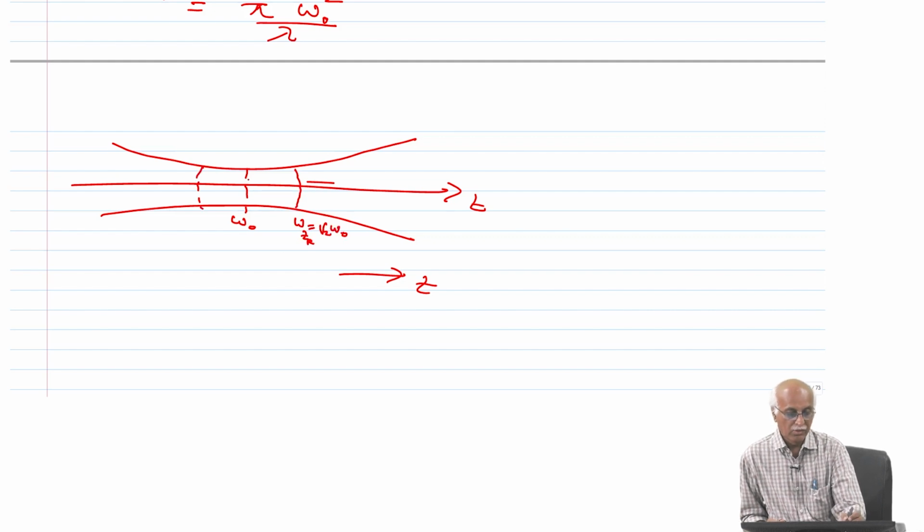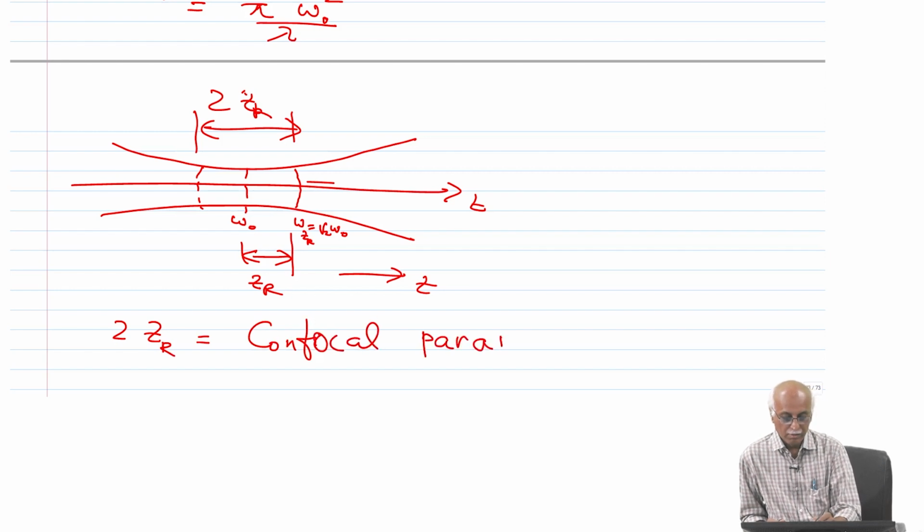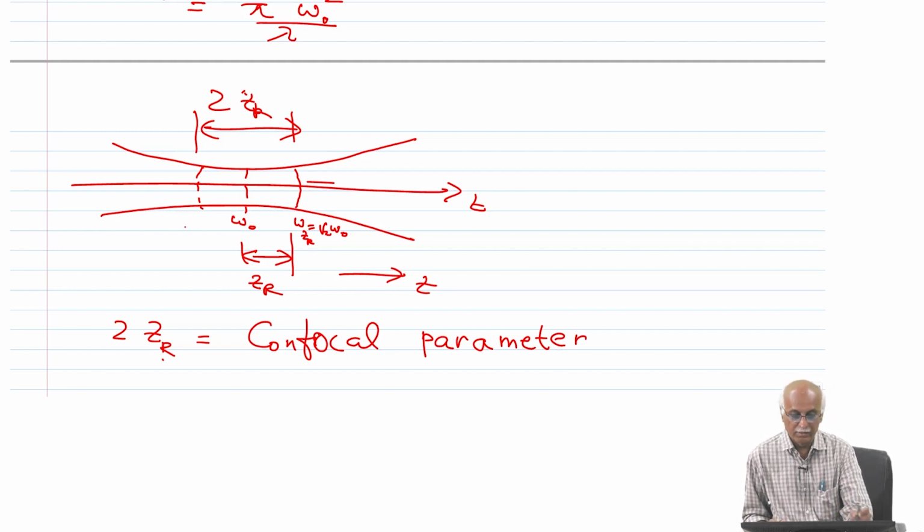This distance is zR, and this distance, 2 times zR, is known as the confocal parameter. These are all terms and definitions. zR is the Rayleigh range, and double this is the confocal parameter. These terms are useful to determine the depth of focus.